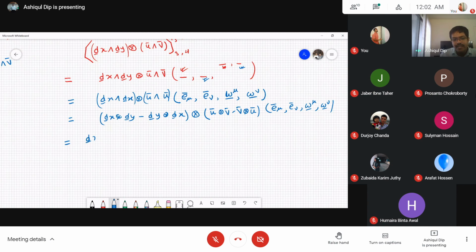So one is dx times dy times u times v, and it'll have 4 slots: I'm substituting e mu, e nu, omega mu, omega nu, right? This is one term. Then it will be a minus term, minus dx times dy times v times u.